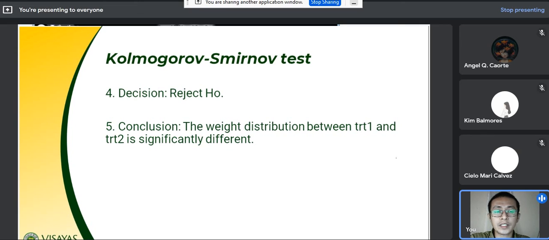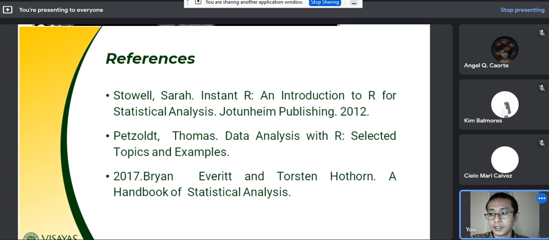Okay, so there is enough evidence to conclude that the weight distribution between treatment 1 and treatment 2 is significantly different. So I mean to say, class, again in short, there is a difference in the weight distribution for the treatment 1 and treatment 2 groups for the plant growth dataset. Questions, class, or clarifications if there are?